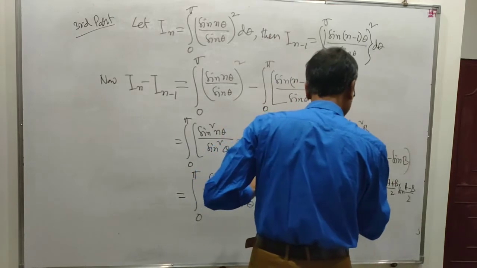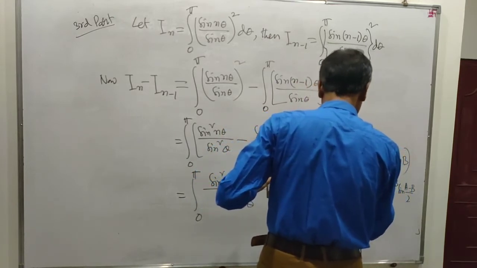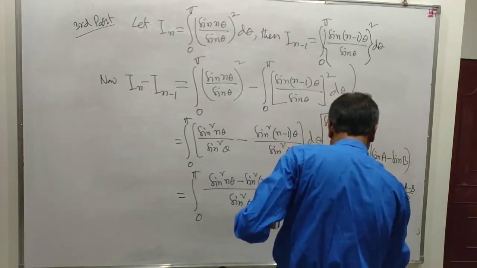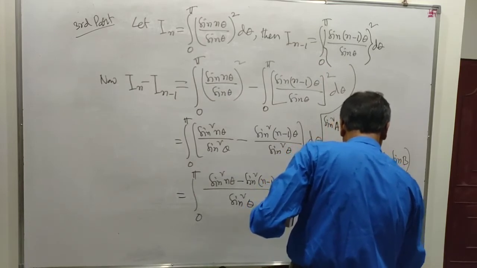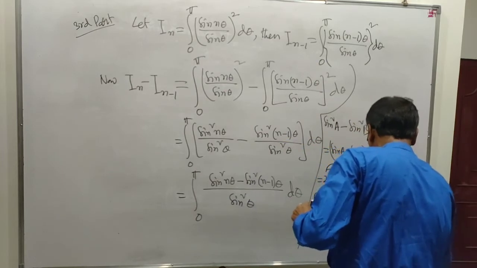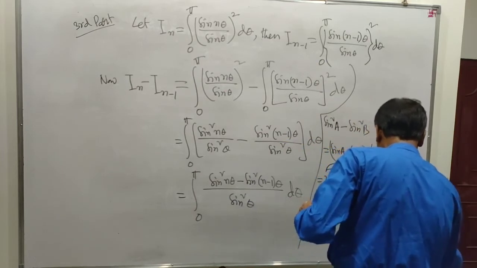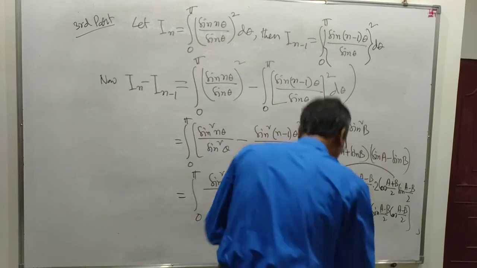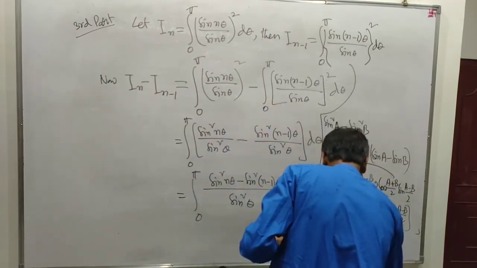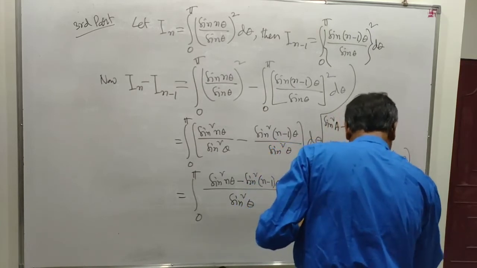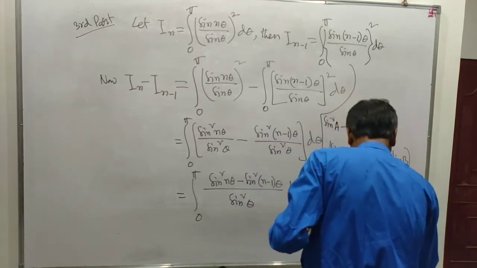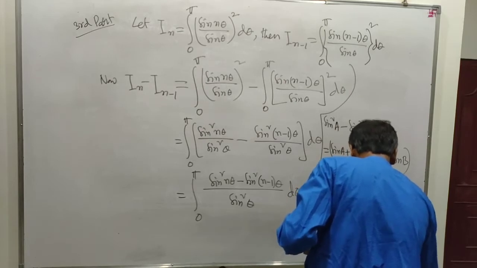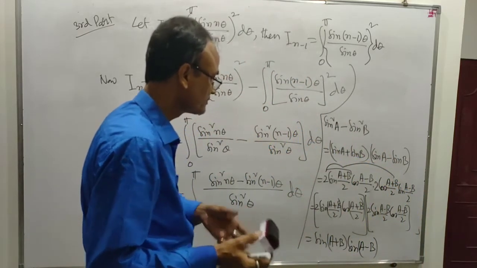Now 2 sin (a plus b) by 2 cos (a plus b) by 2 gives sin (a plus b), and also 2 sin (a minus b) by 2 cos (a minus b) by 2 gives sin (a minus b). You may write it in this way also.